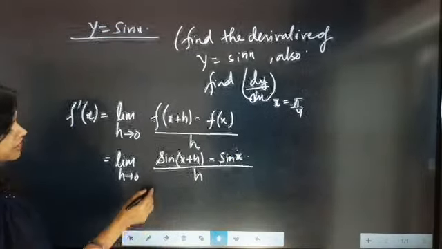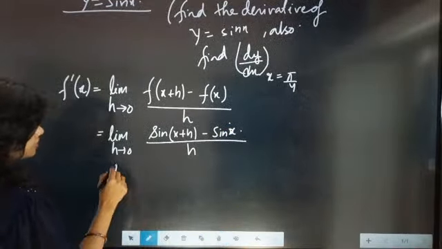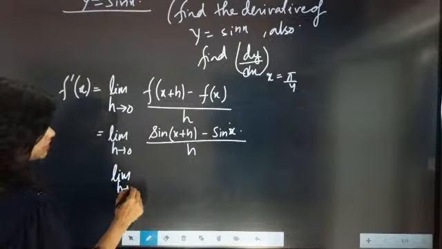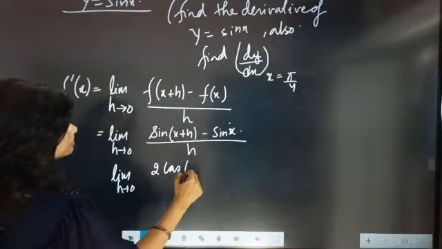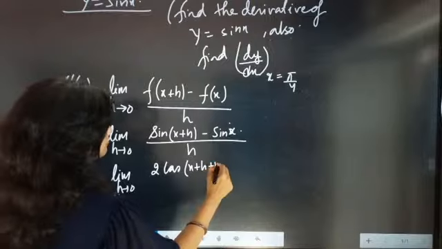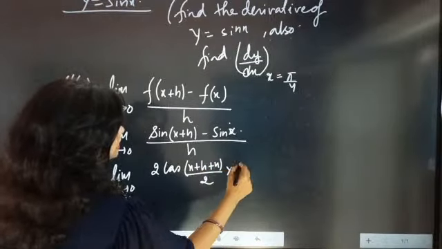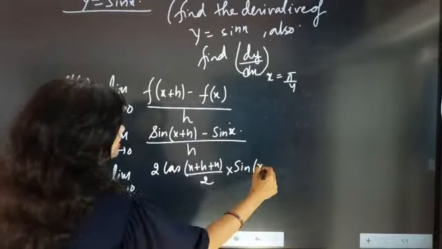Now the sin c minus sin d formula is 2 cos of c plus d by 2 into sin of c minus d by 2.